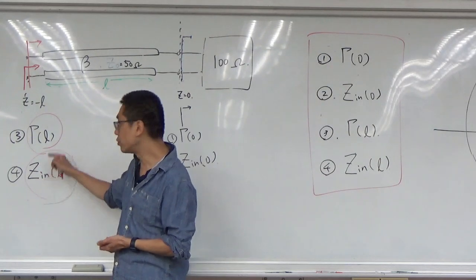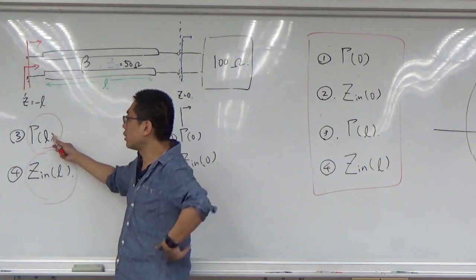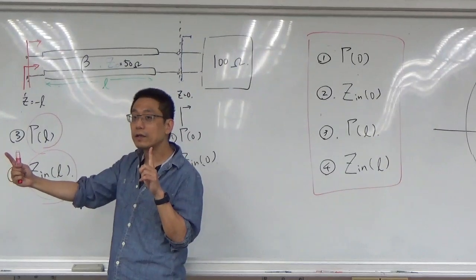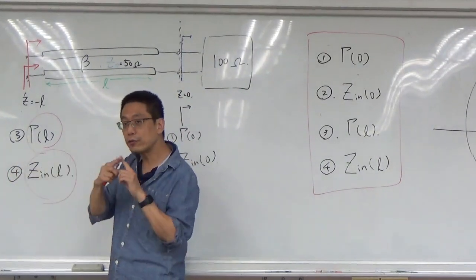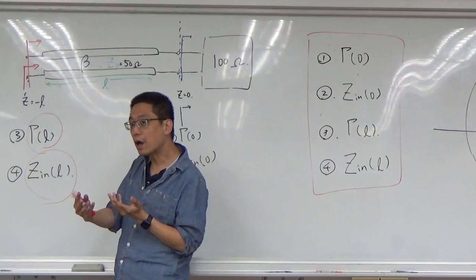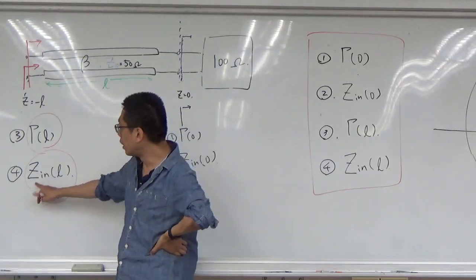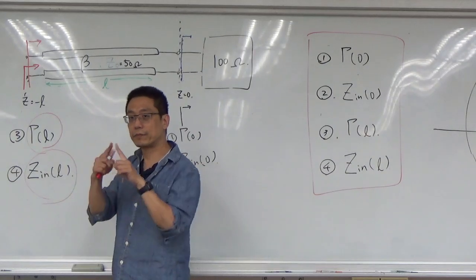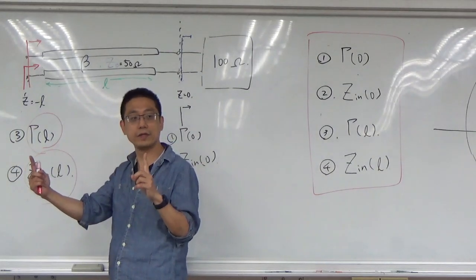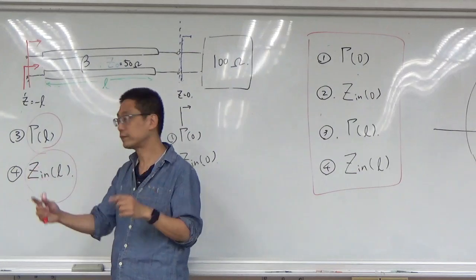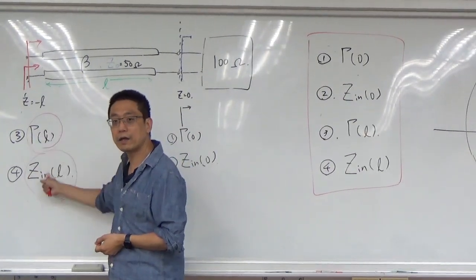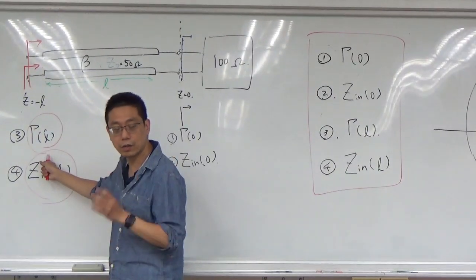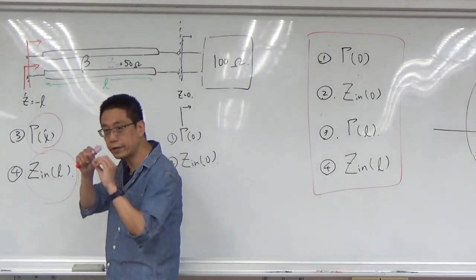Okay? The reflection coefficient and the input impedance are both functions of physical length or position. They are related to each other according to the equation you write down.